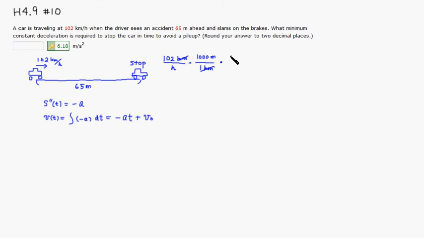So we know that 1 hour is equivalent to 60 minutes. Right? Let's go to minutes first, so that way you can cancel hours. But we want seconds, so we know that 1 minute is equivalent to 60 seconds.